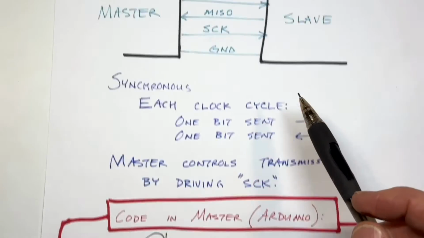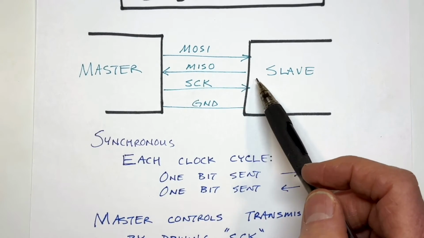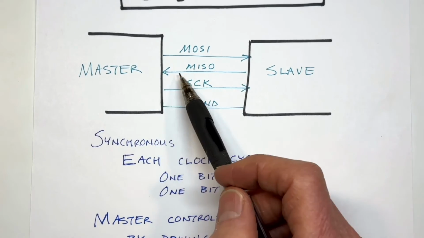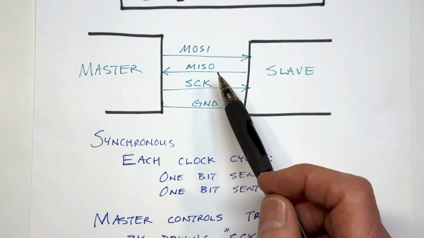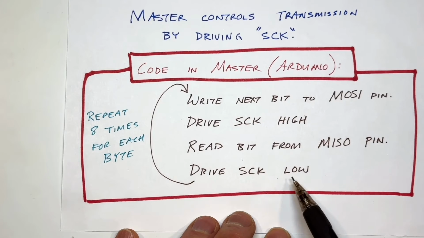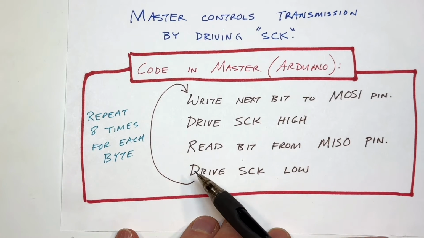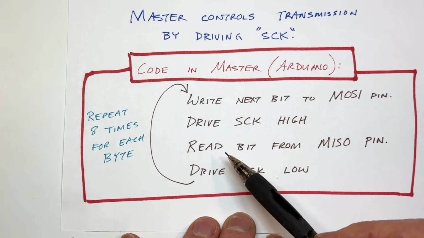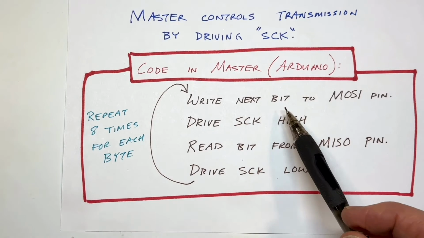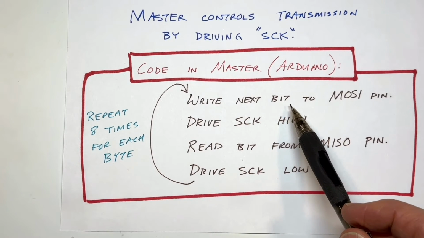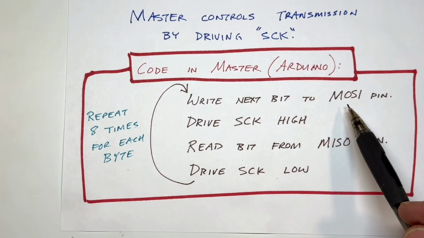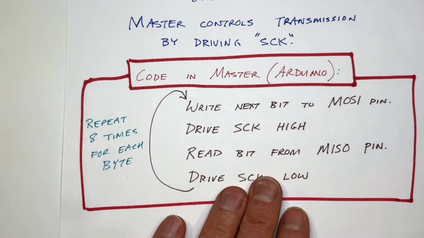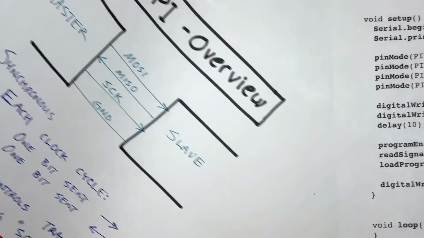And then at that point, the slave will be responding, and the master will then read what the slave sends back on the MISO pin, and then it will lower the clock signal. And for each bit, it will do these things, and for each byte, it will do this loop 8 times. The most significant bit will be written first, followed by the remaining bits all the way to the least significant bit. So now let's look at what that looks like for the Arduino code.